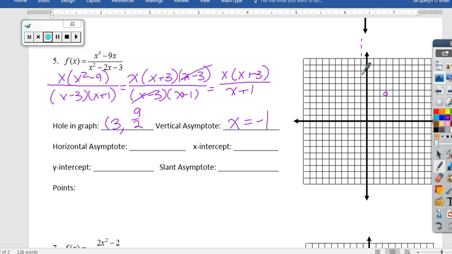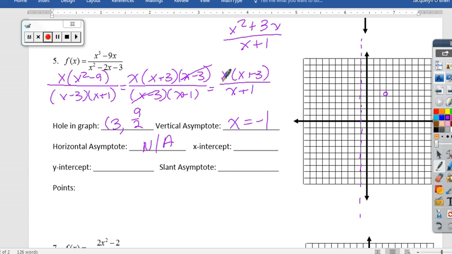So we're looking at a vertical asymptote sitting right over here. The horizontal asymptote is not in existence here because the exponents here are higher. Alrighty, so we're looking at no horizontal asymptote.